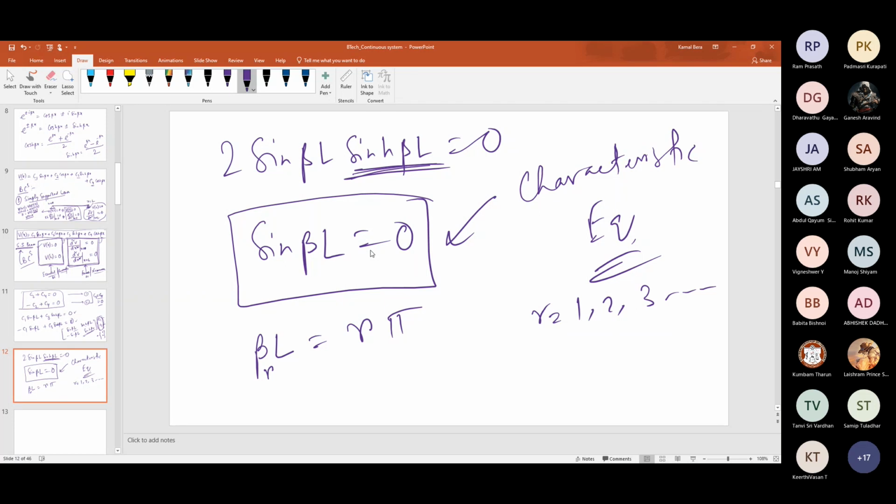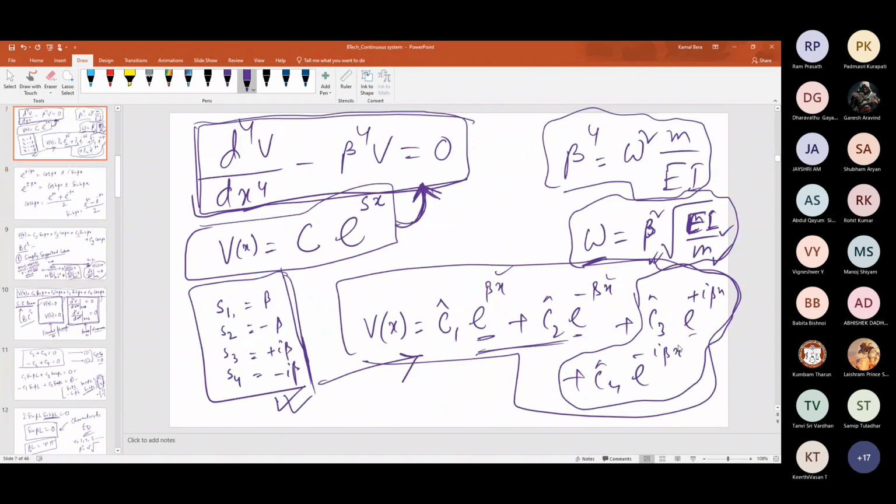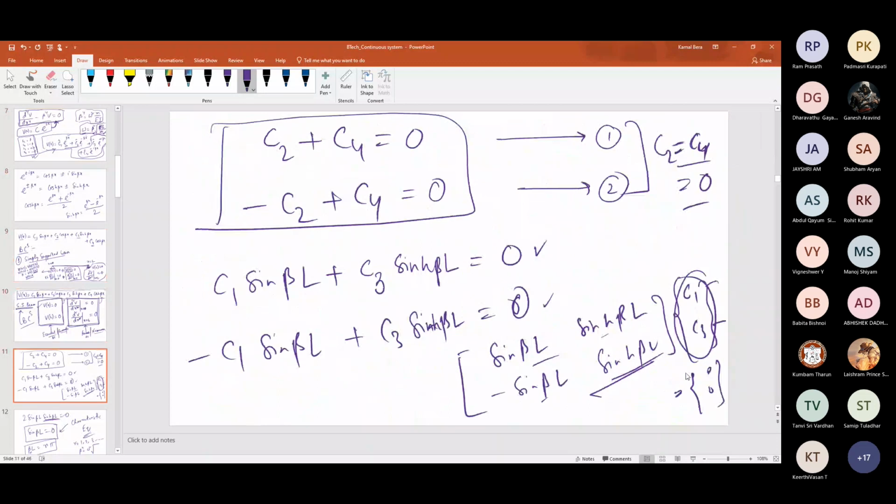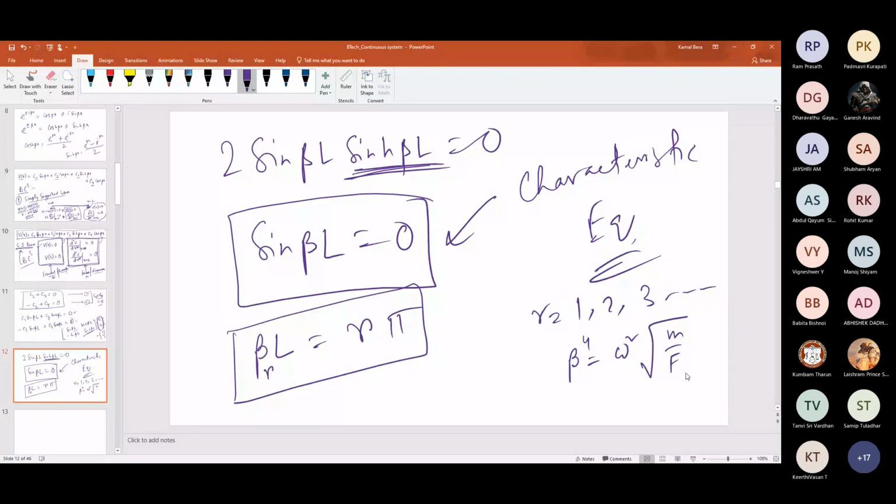From that, tell me quickly. Everybody agree with me, right? Remember what is the beta expression? Beta to the power 4 is omega square m by EI. So tell me what is omega r?